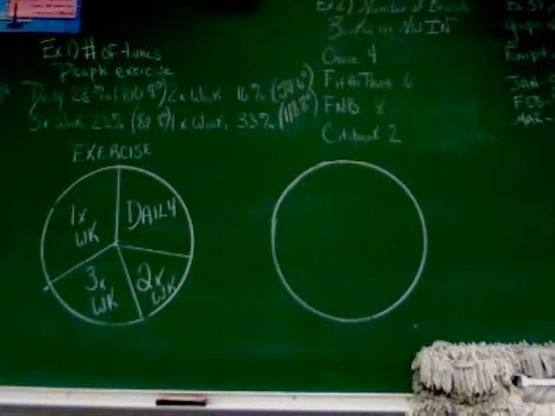And they give us Chase at 4, Fifth Third at 6, First National Bank at 8, City Bank at 2.